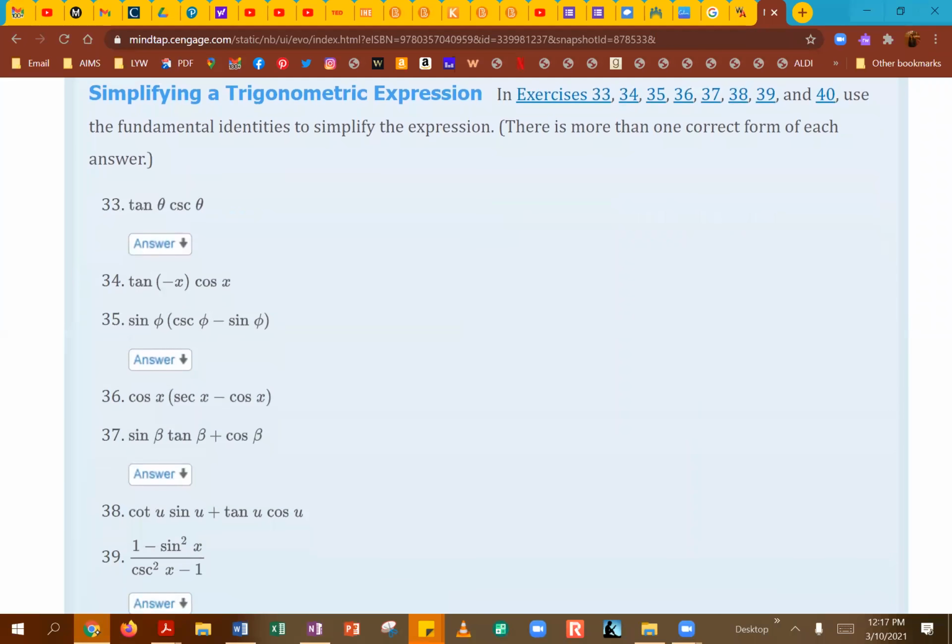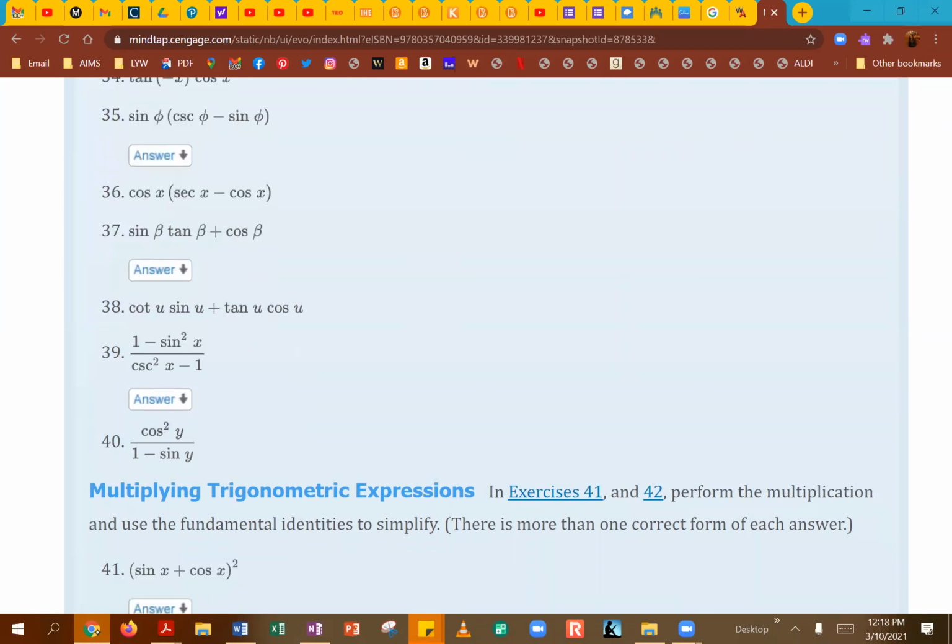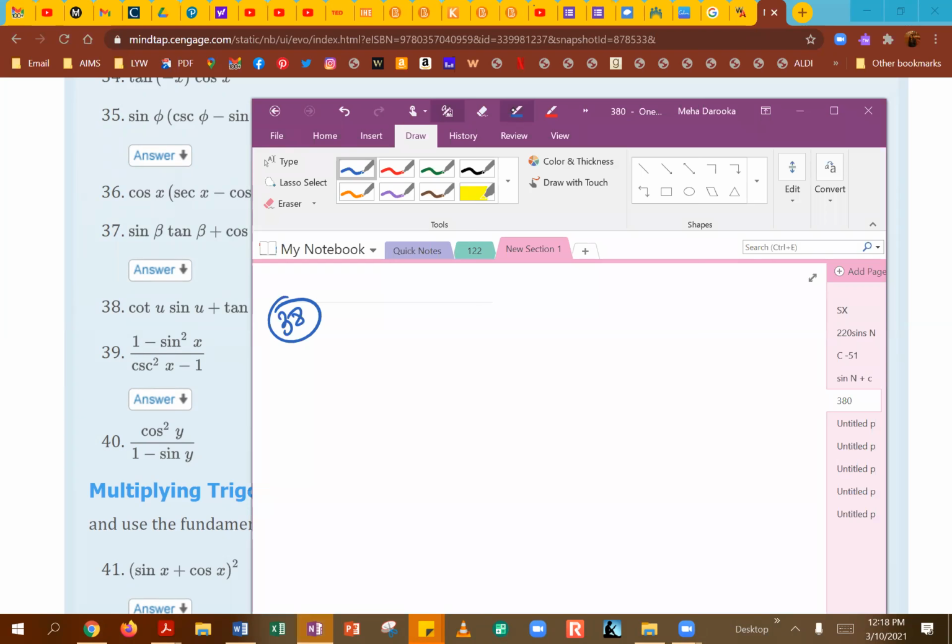Okay, so this one is again saying the same thing: use your fundamental identities to try and simplify. Number 38 over here is cotangent of u, sine of u, plus tangent of u, cosine of u. So this one is going to be a little bit of a different approach when we're trying to simplify this.